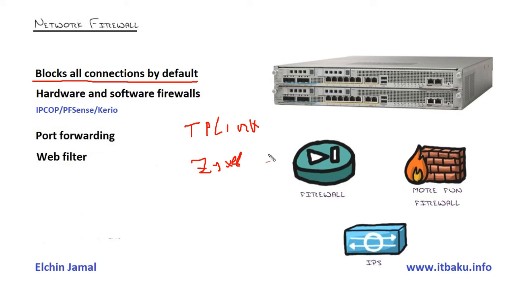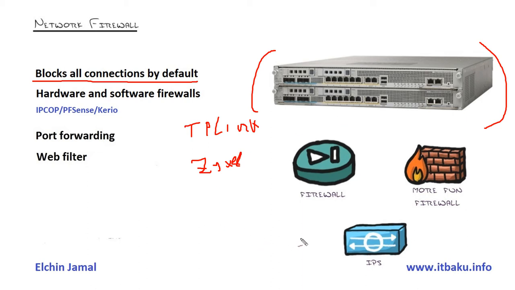And there are software and hardware firewalls. So about hardware firewalls, as I mentioned before, every simple home or small office router has built-in firewall options. And of course we have real firewalls. We can buy additional firewalls for our office.